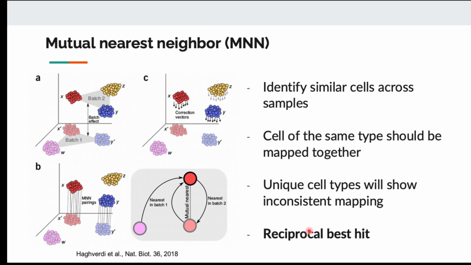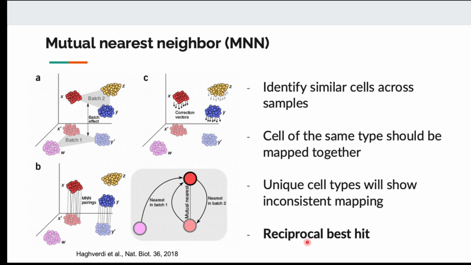You might see this concept when you perform BLAST analysis, when you want to identify genes that are the same, like the same gene or the same protein, across organisms. What we want from a BLAST result is that if we pick gene A from human, it should be more similar to gene A in mouse. And if we pick gene A in mouse, it should be more similar to gene A in human.